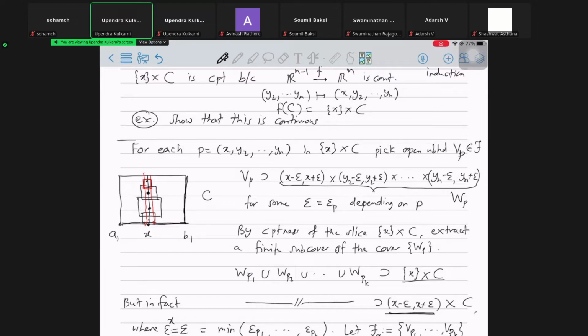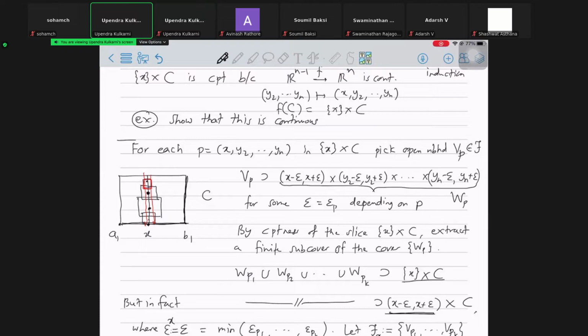We put balls around distinct points, one inside K and one outside K. Then I took a finite subcover, and for the balls around points inside K, I took their union.